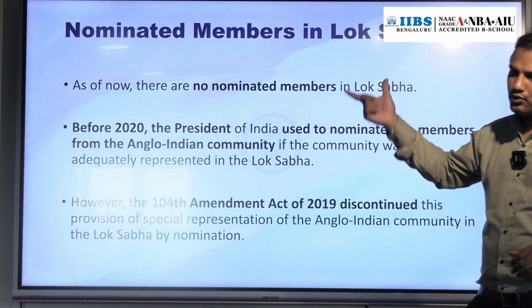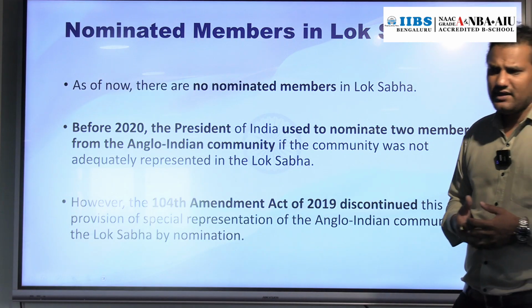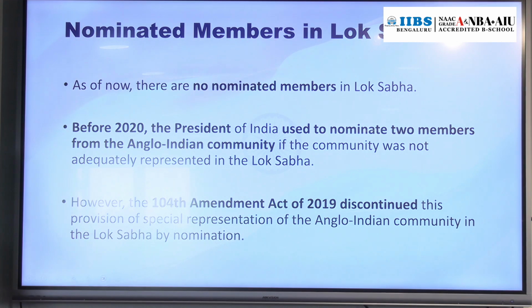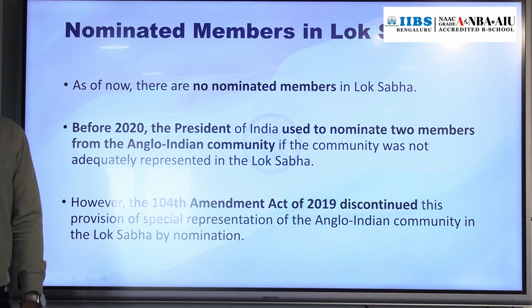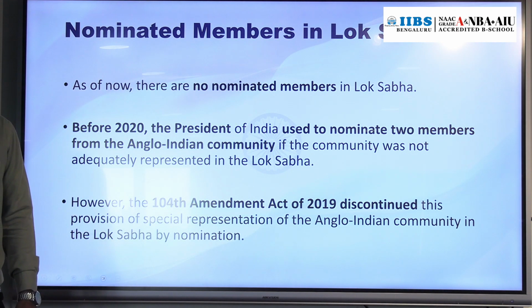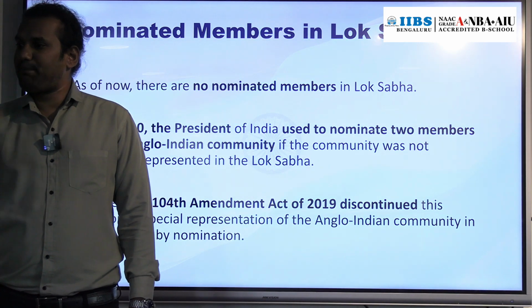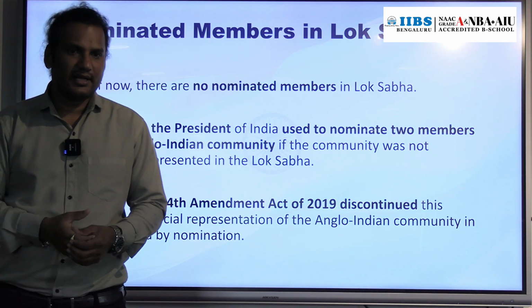Previously, before 2020, two members were nominated by the President, and those members belonged to the Anglo-Indian community. If the President thinks that that community is not represented in the Lok Sabha, then the President has the power to nominate two Anglo-Indians.